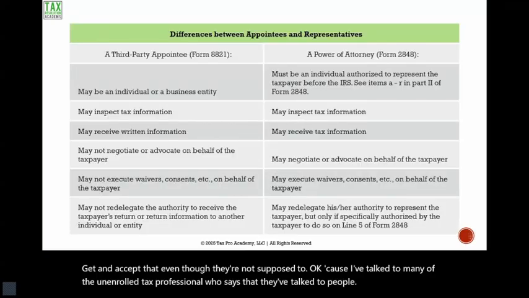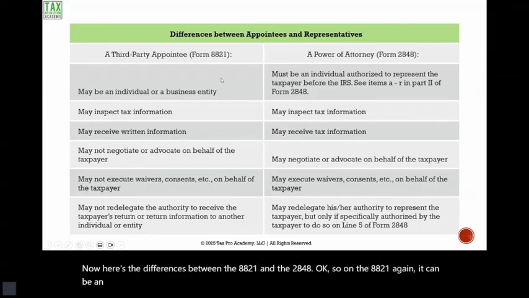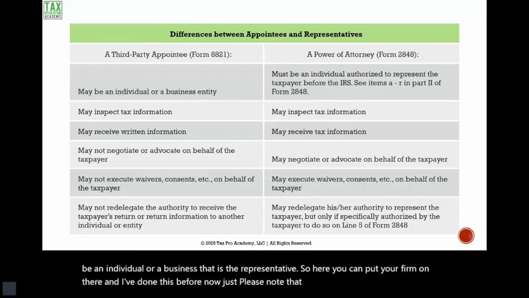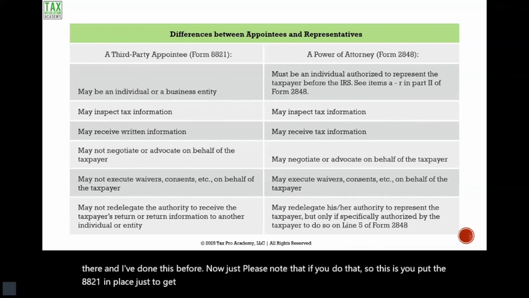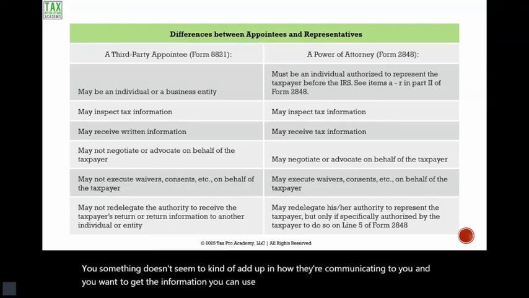Now, here's the differences between the 8821 and the 2848. Okay, so on the 8821, again, it can be an individual or a business that is the representative. So here you can put your firm on there, and I've done this before. Now, just please note that if you put the 8821 in place just to get information, it doesn't provide as much risk as a 2848. So if you have a client who's come to you, and something doesn't seem to add up in how they're communicating to you, and you want to get the information, you can use the 8821.